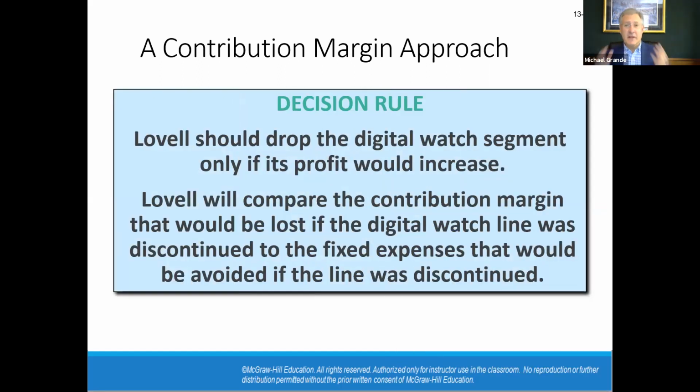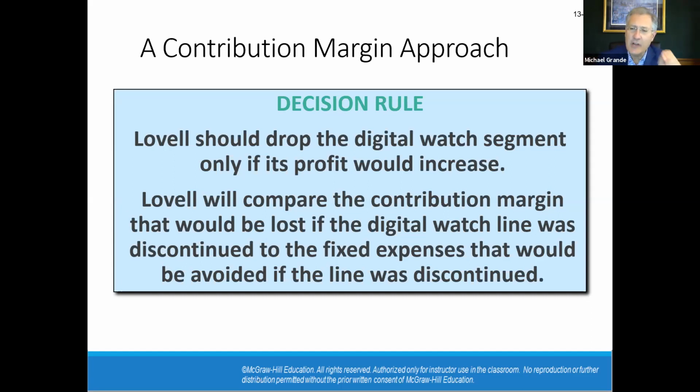So here's how you want to make your decision. Lovell should drop the digital watch segment only if its profits would increase. Lovell will compare the contribution margin that would be lost if the digital watch line was discontinued to the fixed expenses that would be avoided if the line was discontinued. So I'd like to summarize that.